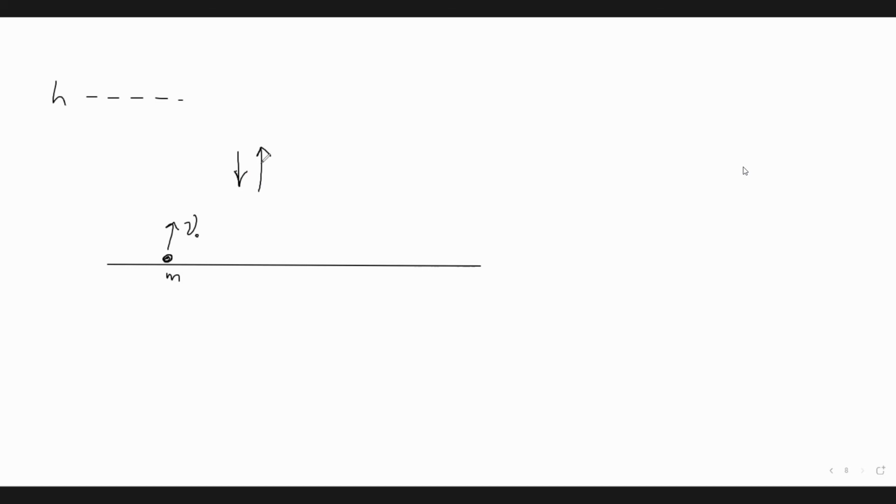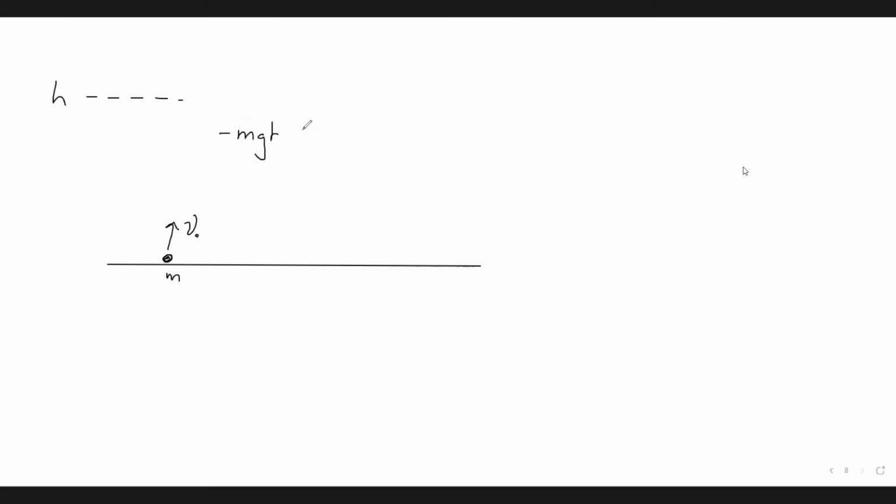That's a general rule. If the force and the displacement are in opposite directions, the work will be negative. If they're in the same direction, the work will be positive. So the work done by gravity here is going to be minus mgh.